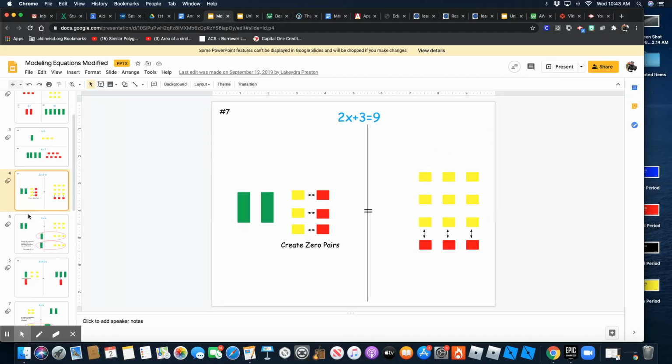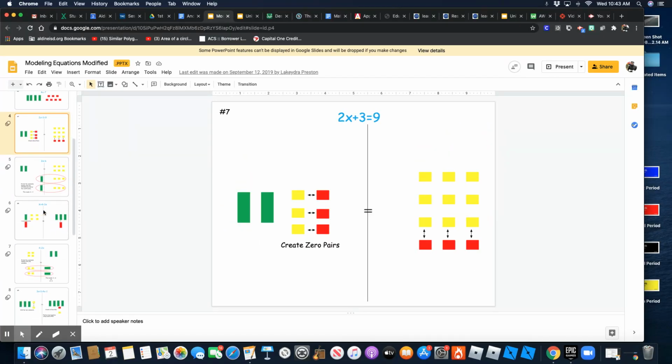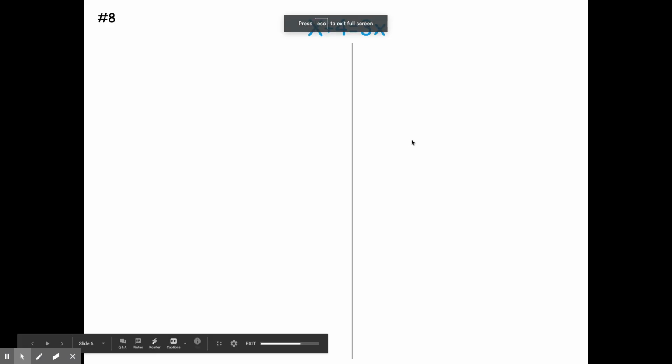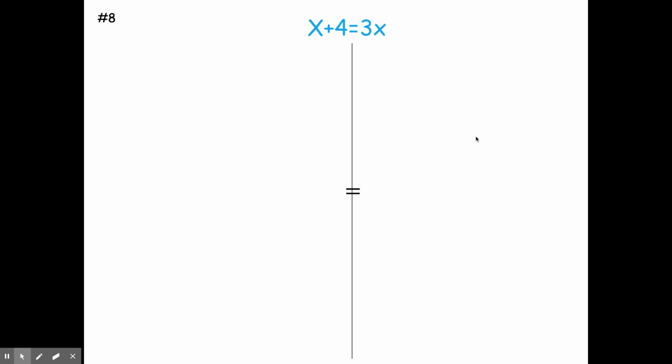So I'm going to skip ahead a little bit here. So here is the type of equations you guys are shown in the 8th grade. So now instead of just having my variables on one side of my equal sign, now I've got an x on both sides of my equal sign. Oh my goodness. How are we going to do this?